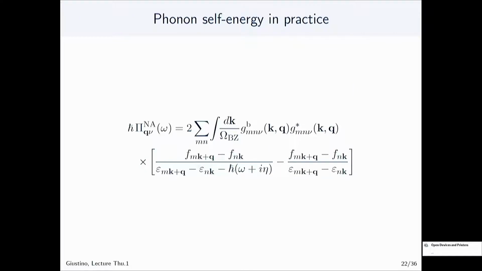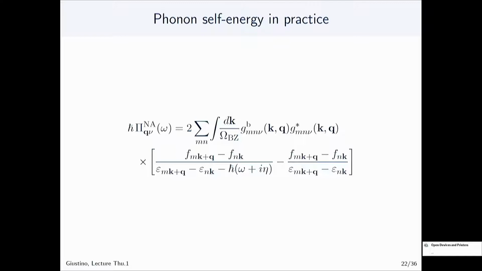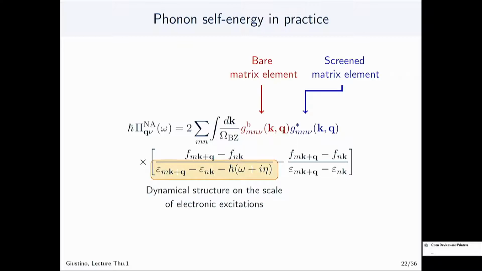The equations that you obtain, so if you translate this object into an equation, is this thing. So that's basically the phonon self-energy. You have seen this equation in the slides yesterday, and that's the equation which is implemented essentially in EPW. So it contains a bare matrix element, a screening matrix element, then there is some dynamical structure here. So you see there is a frequency dependence which appears in this denominator.